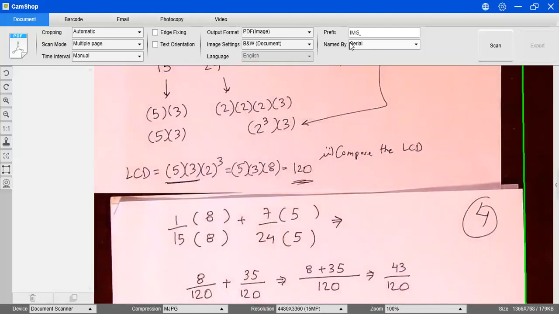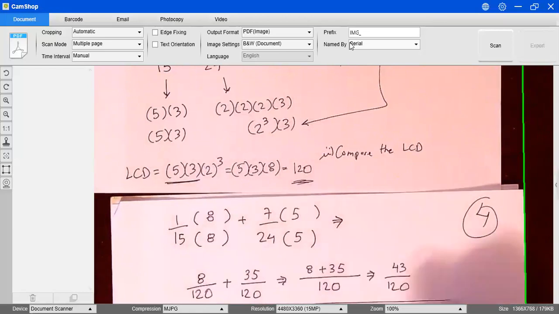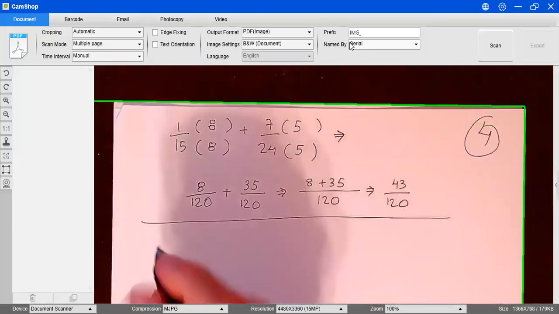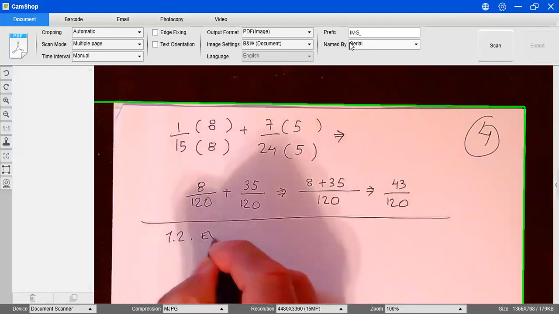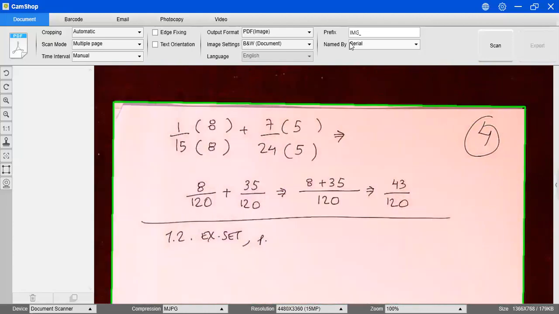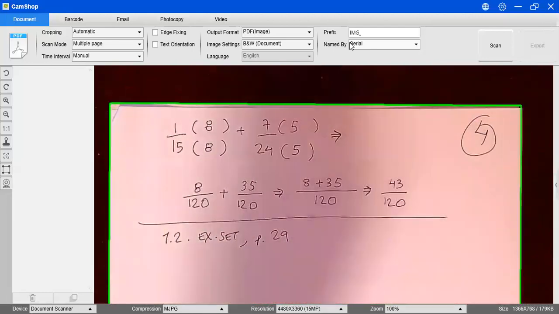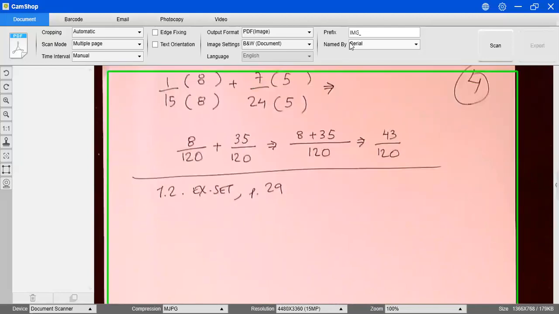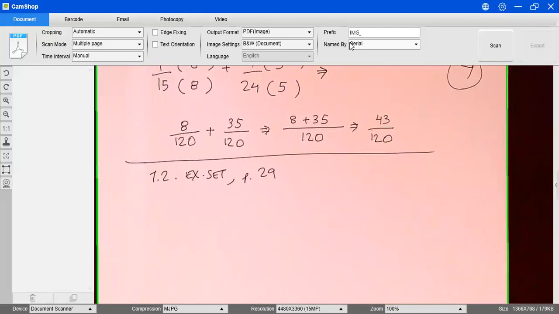Now you're going to work some exercises from the corresponding section. This is the 1.2 exercise set on page 29. There are a lot of exercises. You need to work as many as possible, but I'm going to suggest some of those.